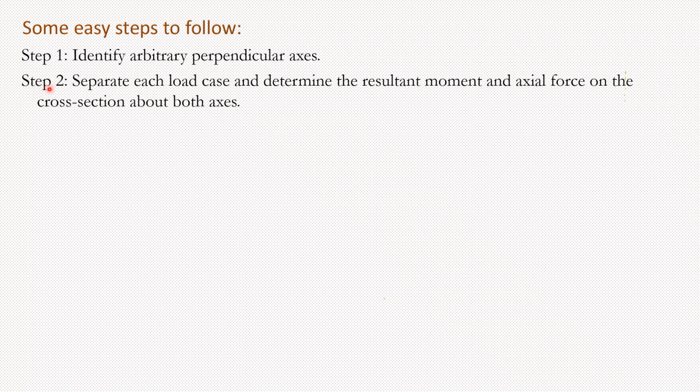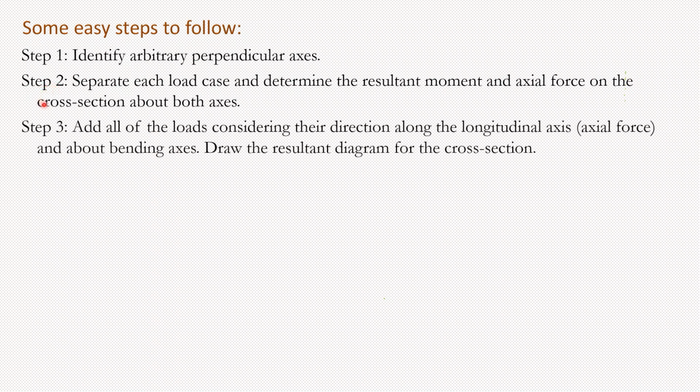Initially we're separating all the load cases and then at the end we're going to combine them together. In step 3, we're going to add all of the loads considering their direction, along the longitudinal axis and about the bending axis. So we're going to add the axial forces together, and we're going to add the flexural moments about each axis. In this case, it will be the xx and zz separately.